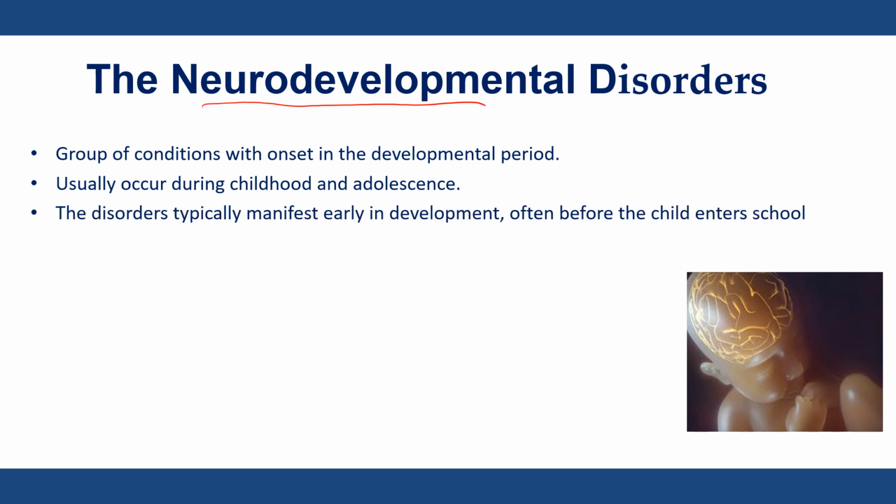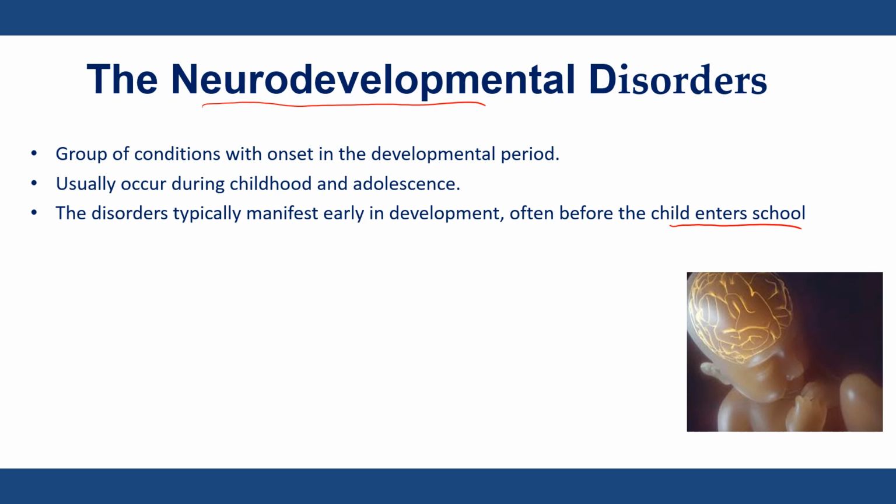Most of the time, these disorders are going to be manifested before a child enters school. Now, it is important to note, however, that some of these disorders discussed in this lecture may appear later in life. And the opposite is also true.